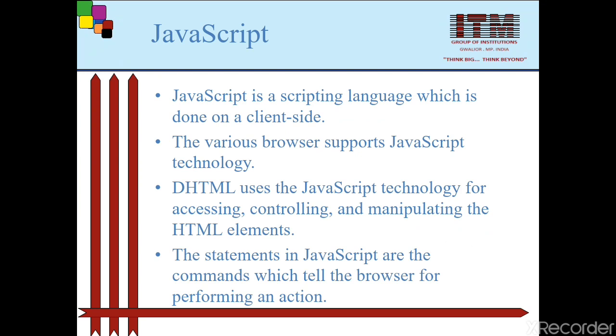And the statements in JavaScript are the commands which tell the browser to perform an action. So what are the statements? Means which statements are written in JavaScript. Those statements tell the browser which type of action can be performed.